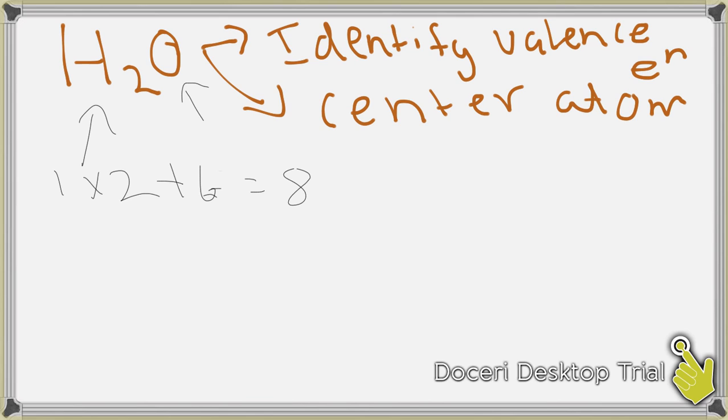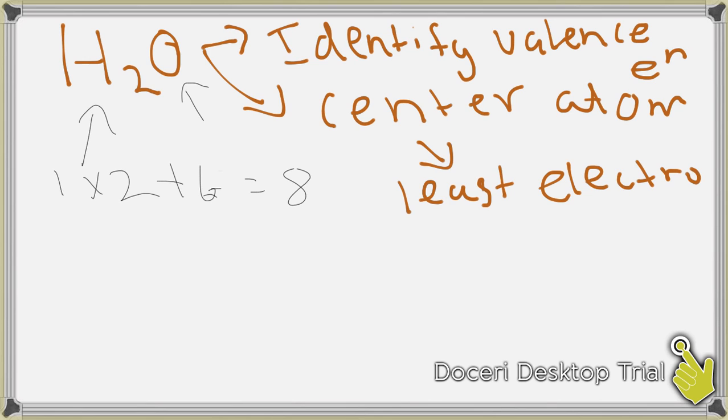Now you need to distribute these valence electrons among these atoms. What is the idea of choosing the center atom? The center atom is always the least electronegative element. This structure is different because hydrogen always goes to the terminals. So the center atom is least electronegative, but at the same time hydrogen goes to the terminals.